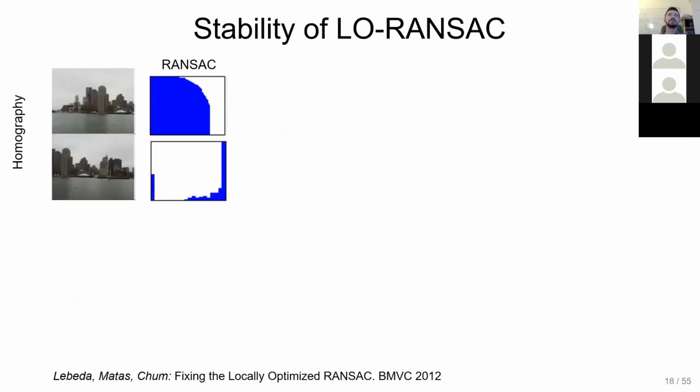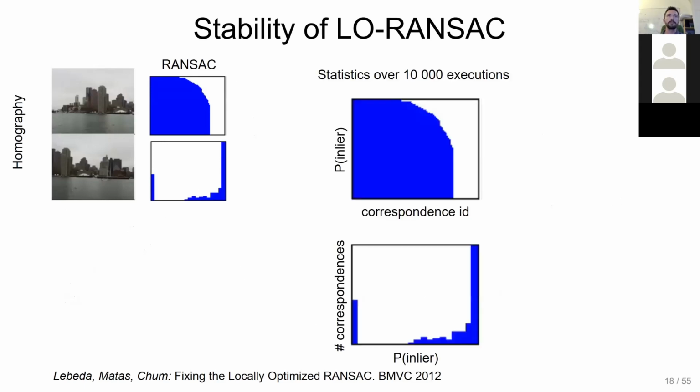So let's have a look at the stability of RANSAC and LO-RANSAC. What we have here is two plots. We've executed the estimation 10,000 times, and every time we get a different result because it's a randomized algorithm.